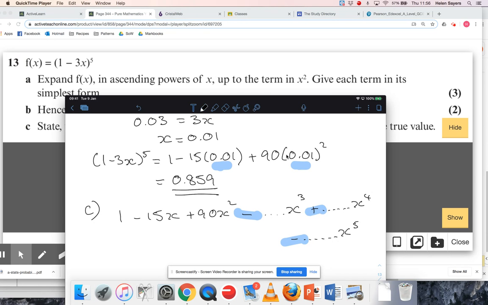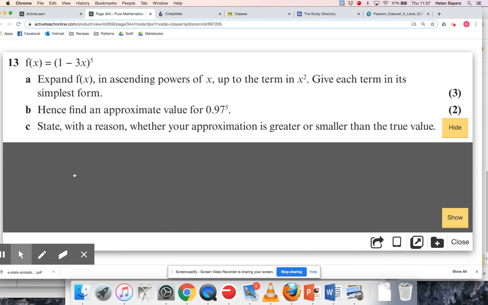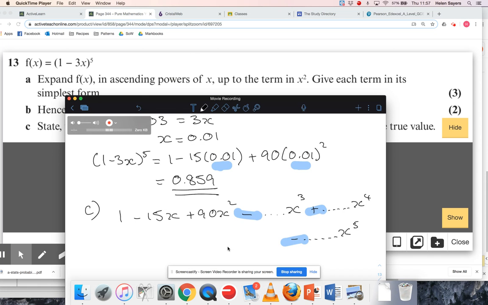So if you follow that logic, state with a reason whether your approximation is greater or smaller. Our approximation will be greater, because the true value would have minus the x cubed term.